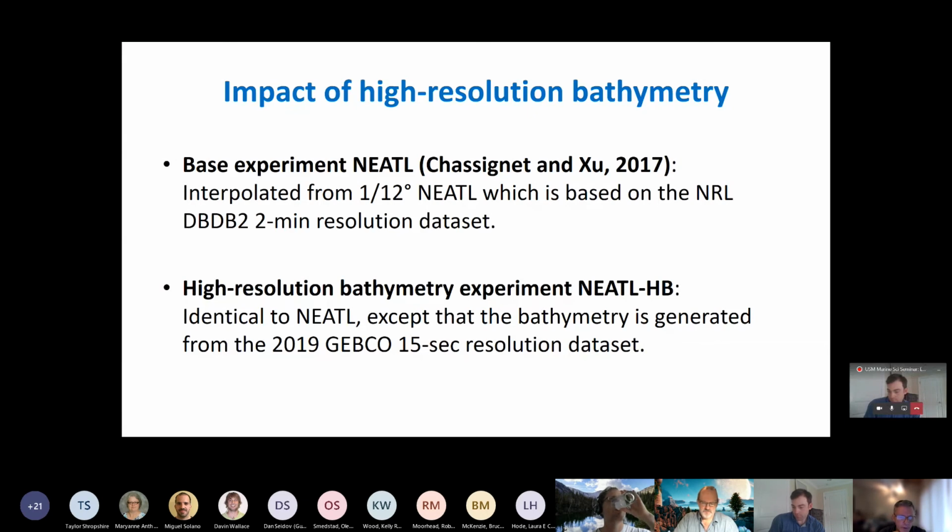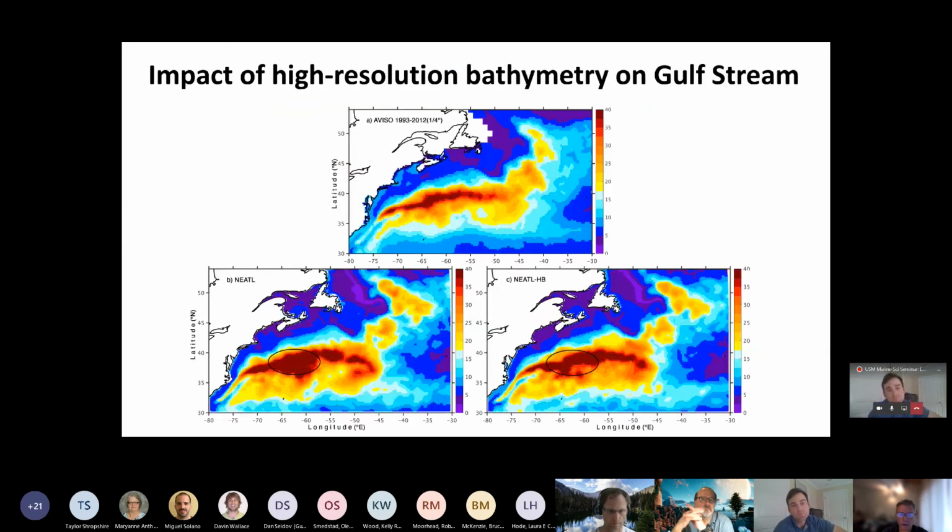So what Xiaobao did was to update the bathymetry using the 2019 JEPCO 1/52nd resolution dataset. And here's what we get. You see that now everything is also projected on the AVISO grid with the same time average. On the bottom left is the sea surface height variability, and you see that you have a lot around the New England seamounts.